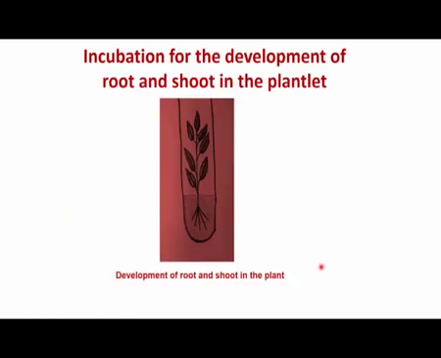After that, you change the microenvironment of the callus, so that it will develop the shoot at the top as well as the root at the bottom.